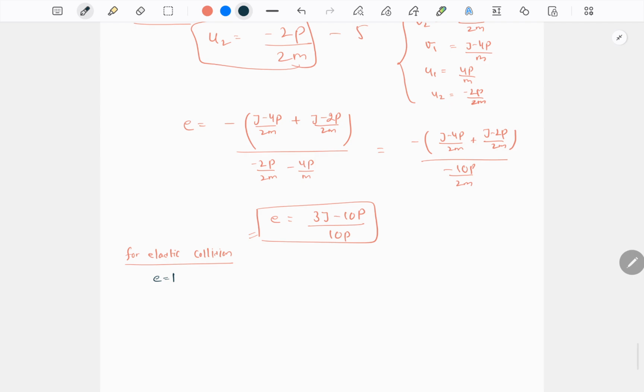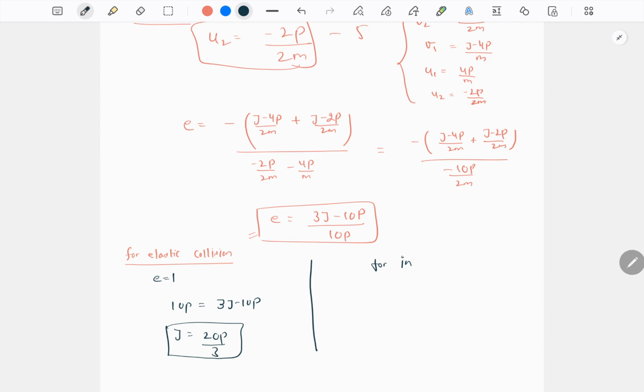So I can put it equal to 1, which means 10p will be equal to 3j minus 10p. From this, j will be equal to 20p by 3. This is the value of j for the elastic collision.